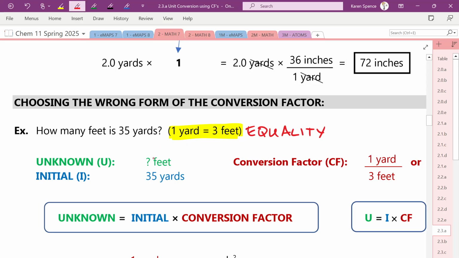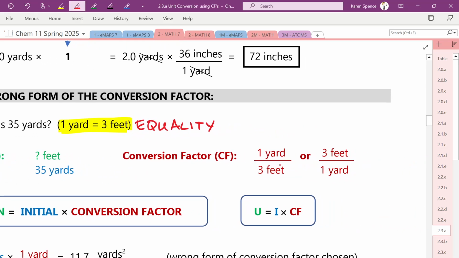We're told that 1 yard is 3 feet, so we can have the conversion factor either written as 1 yard for every 3 feet or as 3 feet per 1 yard, and we have to choose the correct way to do it.